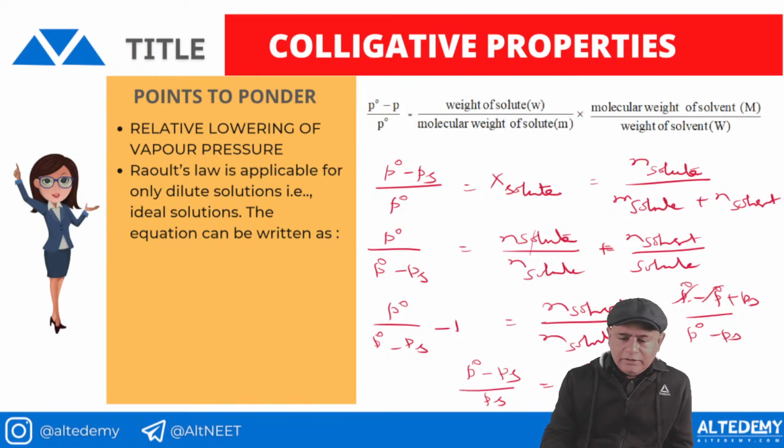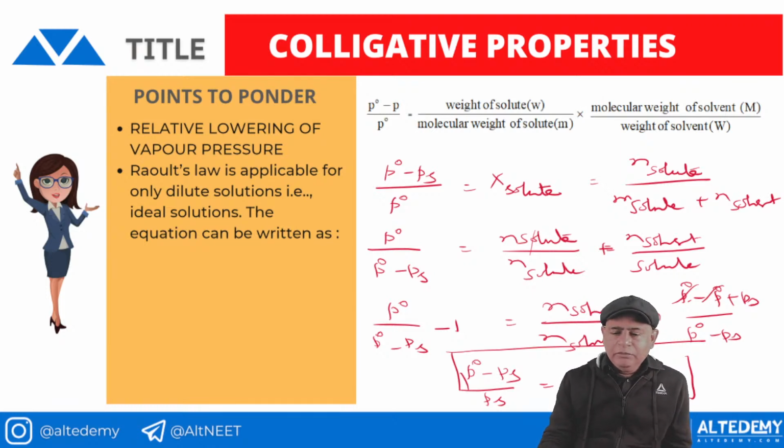This is a very relevant expression for relative lowering of vapor pressure. In most cases, if we use this instead of the previous one, we will be able to solve questions much more effectively, because you do not have very complicated calculations.